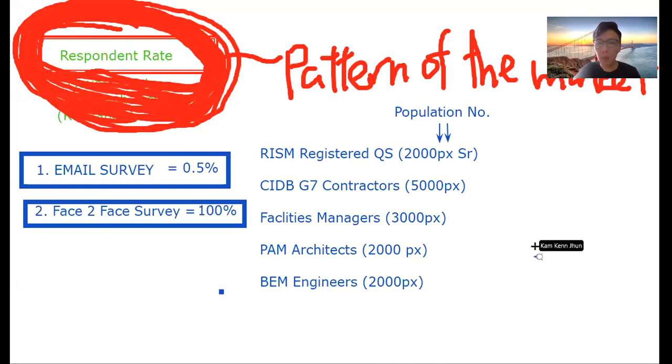Before I proceed, I want to get the idea right. You already know your email survey response is 0.5%. I repeat, everyone please pay attention, please wake up. A few more minutes, then you can go to sleep. This is your email survey response rate, the pattern of the market.